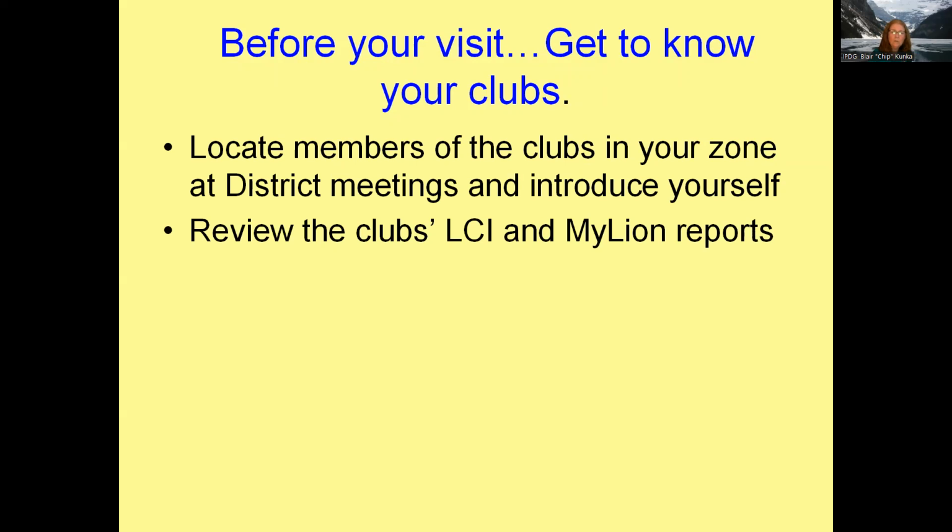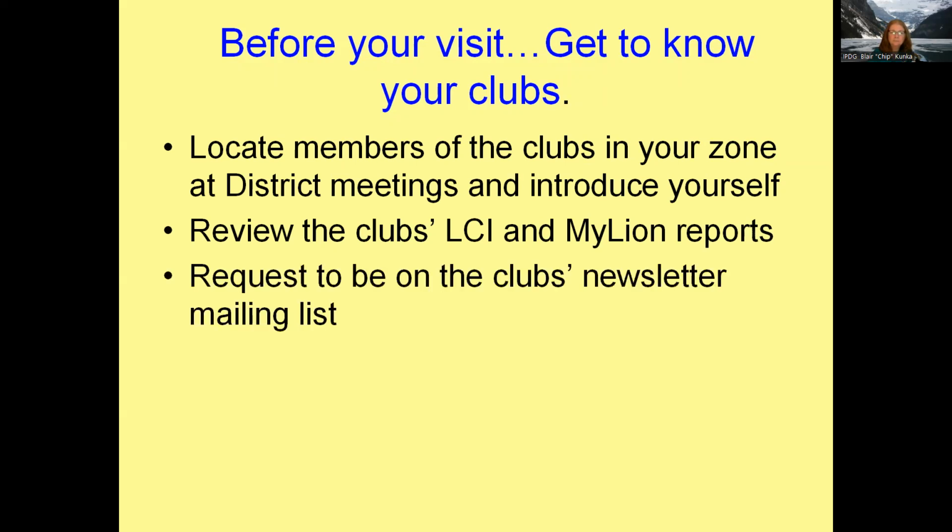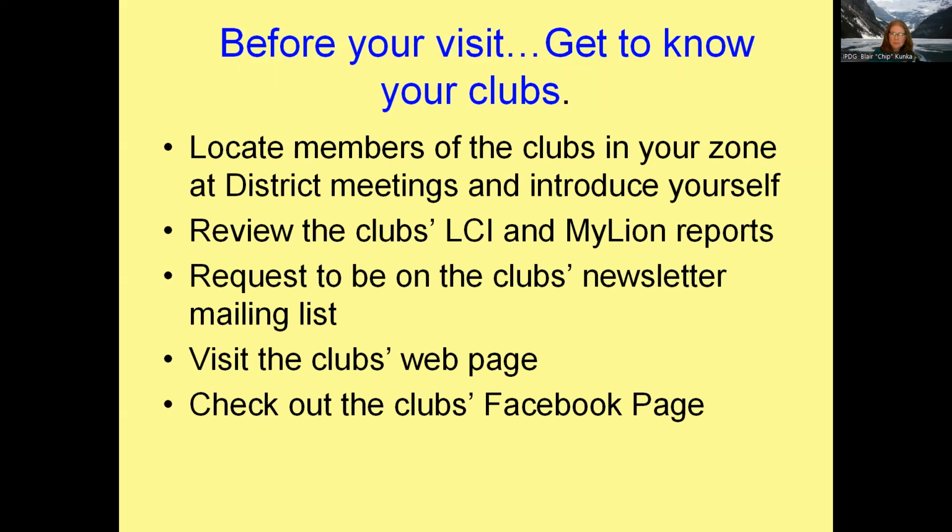So look forward to that, because when you sign in, it will automatically show up. Request to be on the club's newsletter mailing list or visit the club's webpage. Check out the club's Facebook page.